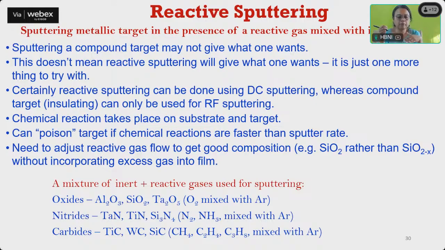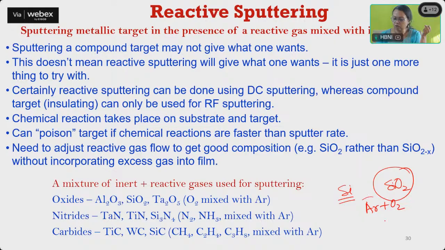Sputtering a compound target may not give what one wants, but this does not mean reactive sputtering will give what one wants. It's just one more thing to try. Say I'm using Si as a substrate and I want SiO2, and I am using argon plus O2 gas.